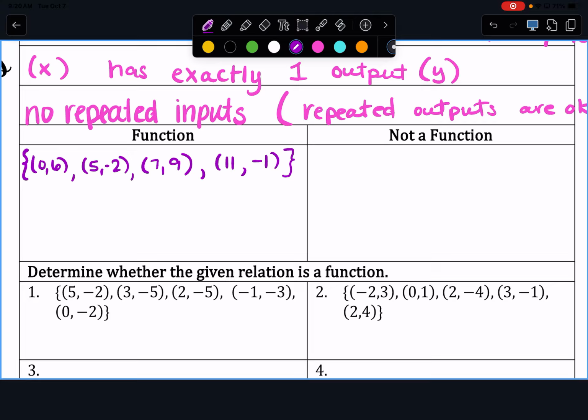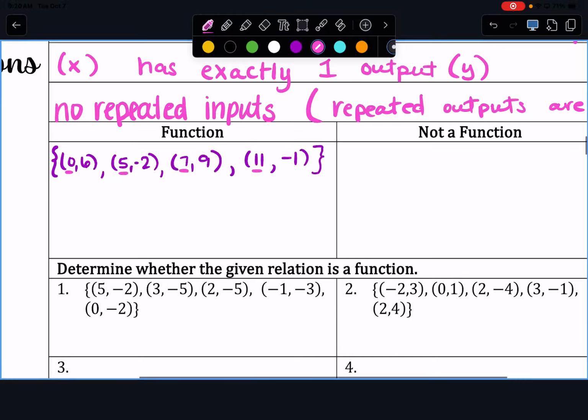When we use the squiggly brackets or the braces, those mean we're talking about a set. It's just a set of numbers, a set of points, a set of something. Okay? A set of giraffes. It doesn't matter. It's just a set. So here, the reason this is a function, if I look at my inputs, if I look at my x, are all of my x values unique?